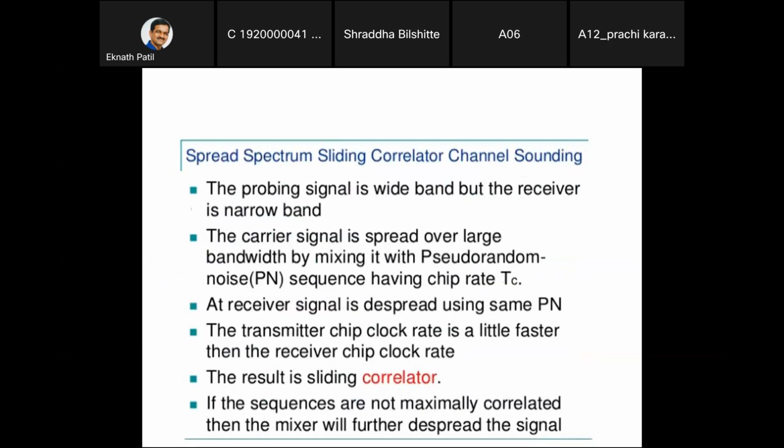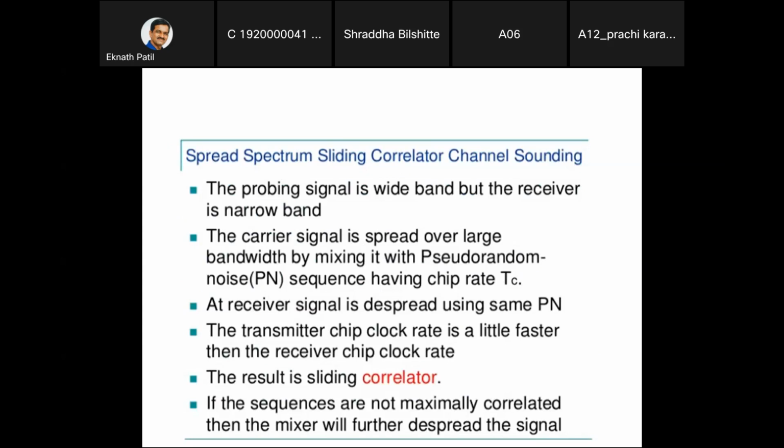Spread spectrum मध्ये काय आहे? Spread spectrum sliding correlated channel sounding. The probing signal is wide band, but the receiver is narrow band. Carrier signal is spread over a large bandwidth by mixing it with the pseudo noise. That means spread spectrum is basically adding pseudo noise, and that's why they improve the bandwidth.